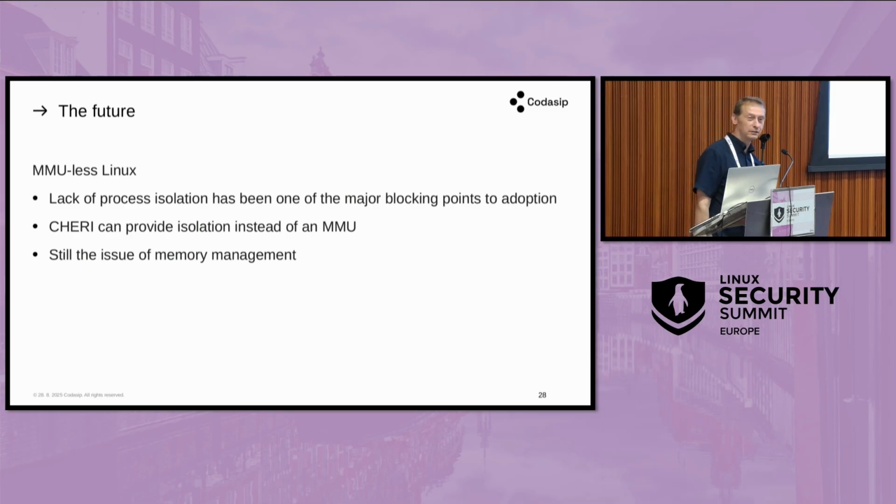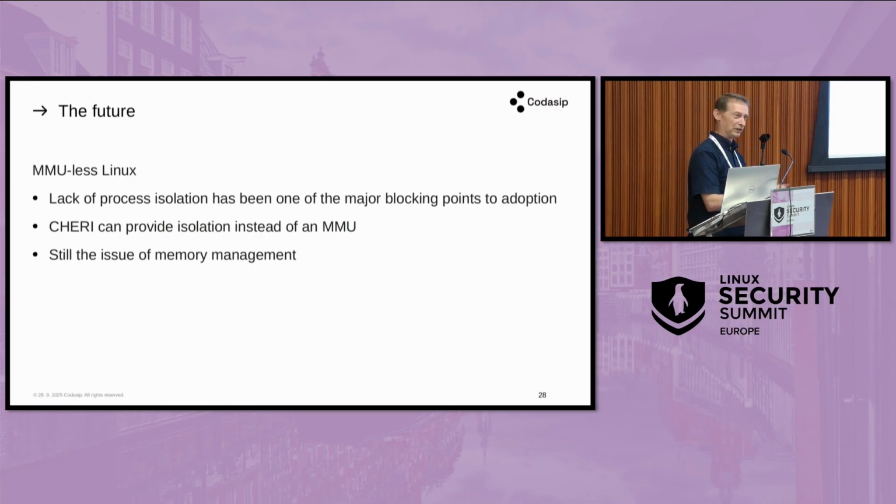The other thing we can do more effectively is MMU-less Linux as well. One of the big blockers in MMU-less Linux has been the lack of isolation between processes, or hardware-enforced isolation. Now, the MMU provides two things. It provides isolation and it provides translation.